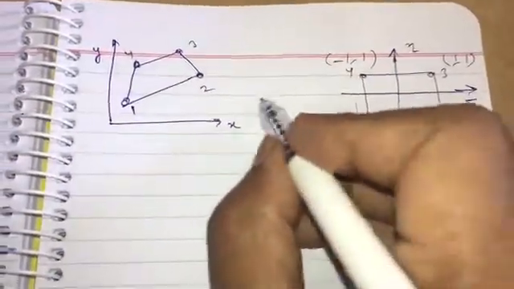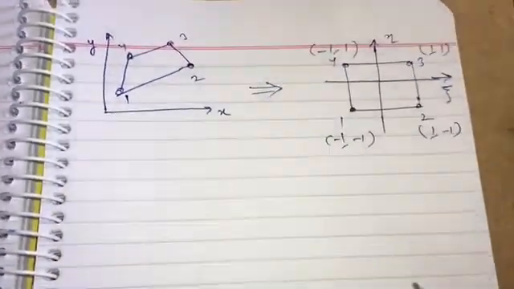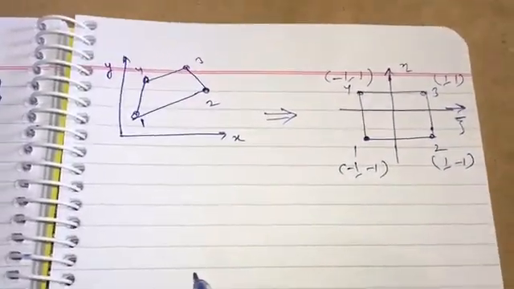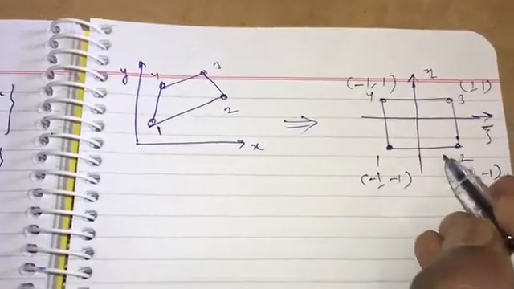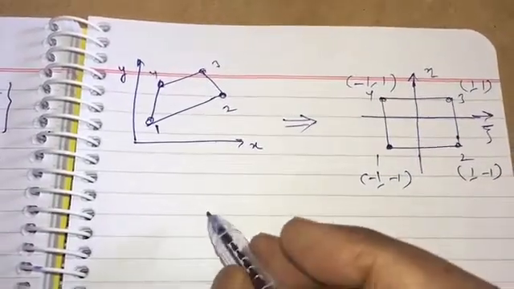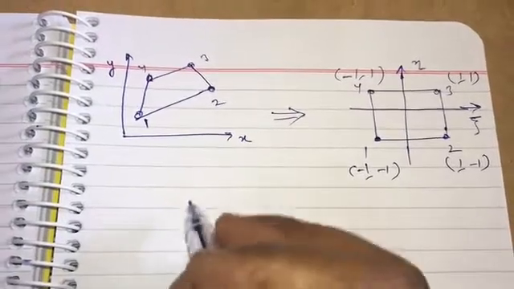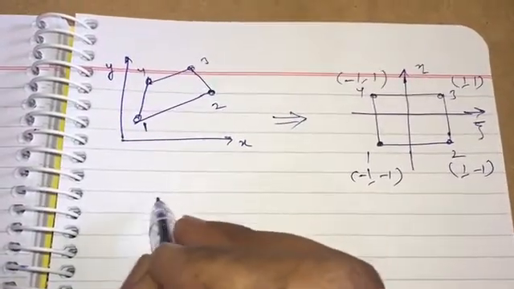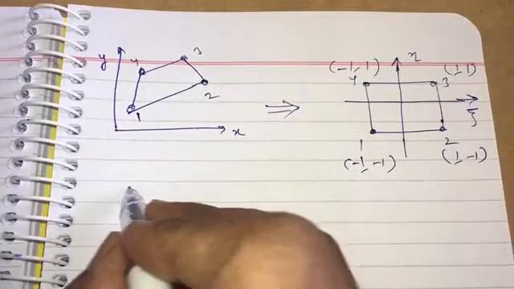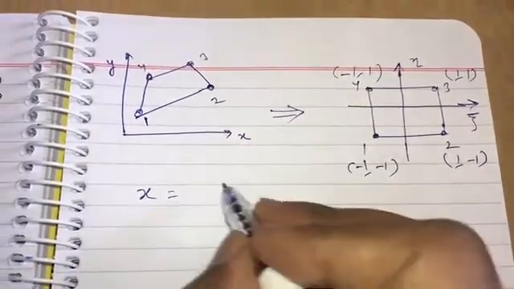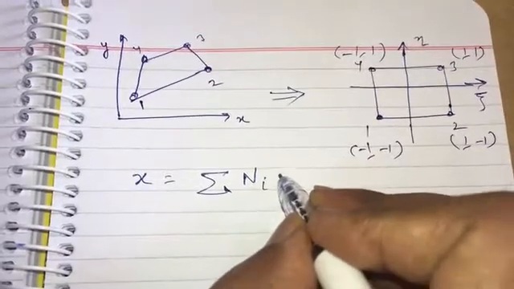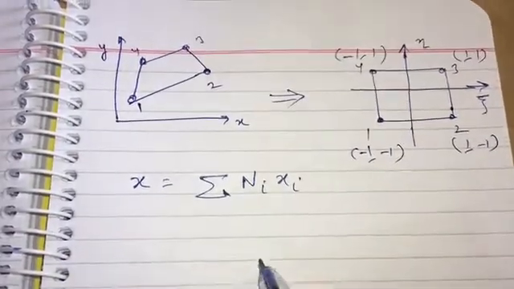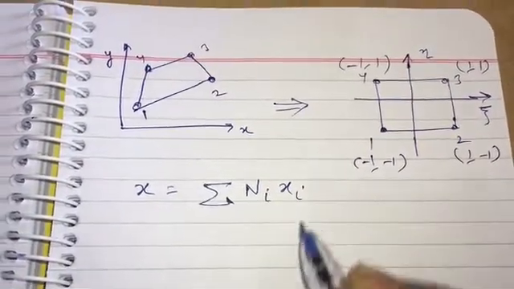Okay. So, this transformation we have to do, and how can you do that? This transformation can be done with respect to xi and eta such that you have x, which is a function of sum of N I x I, like this one. Okay.